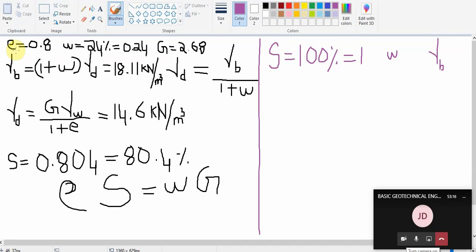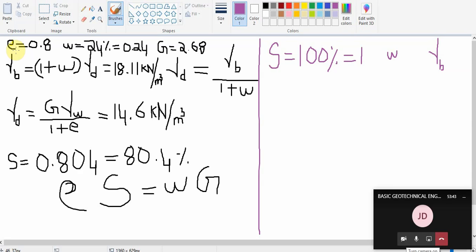Volume of voids: now when you are adding water, how will the volume of voids change? You are filling the voids with water. When you add water, that added water will come and fill the voids. Voids are empty spaces.